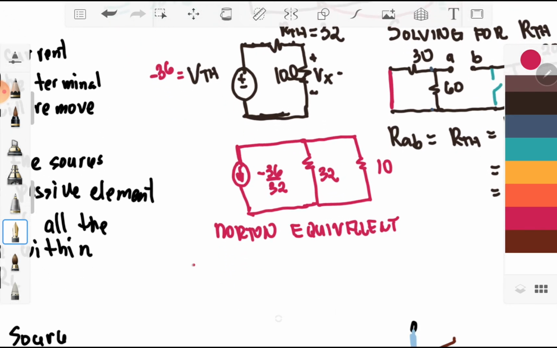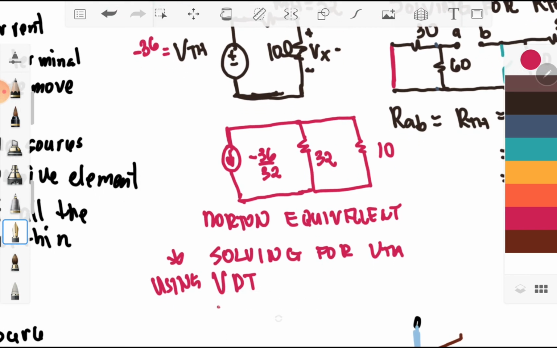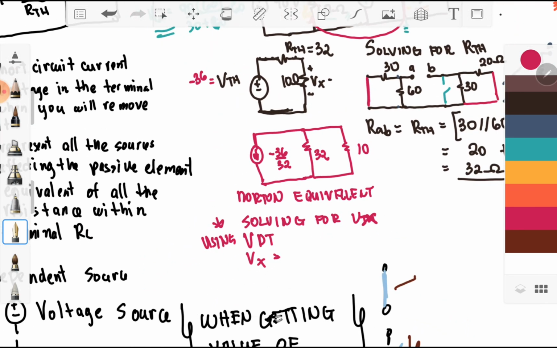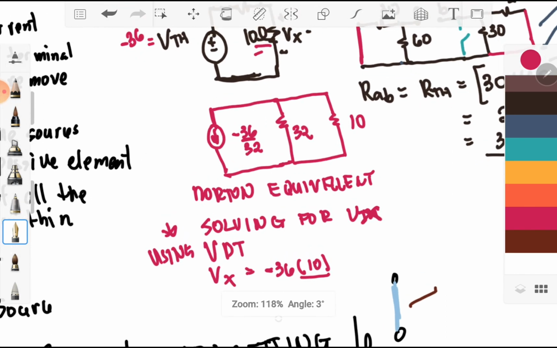So solving for Vx, you may use your VDT. So we have negative 36 as the source, and Vx is just equal to voltage division. So we have negative 36 multiplied by 10 ohm all over 32 plus 10.